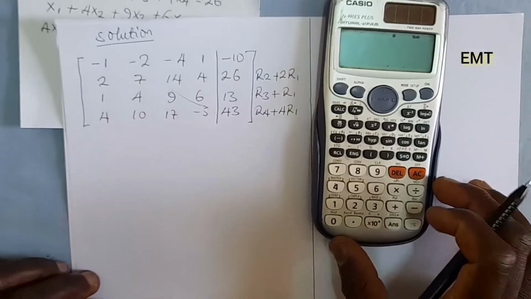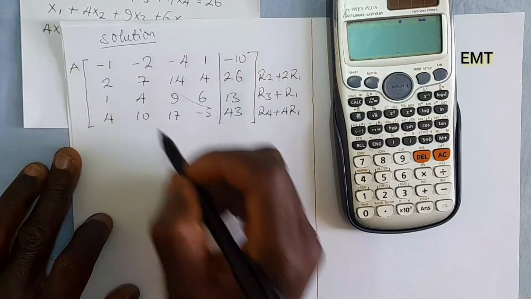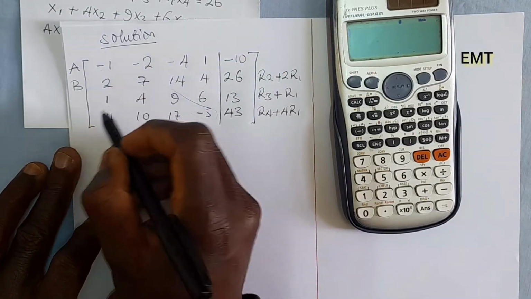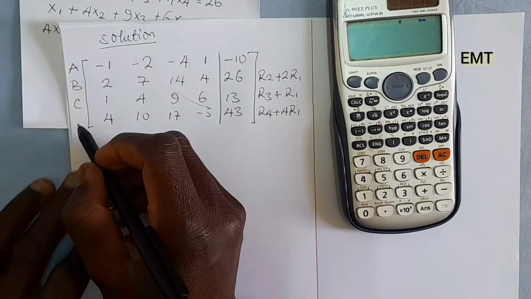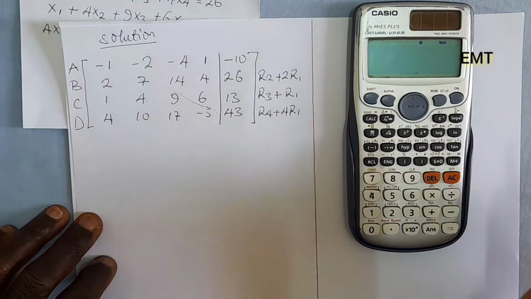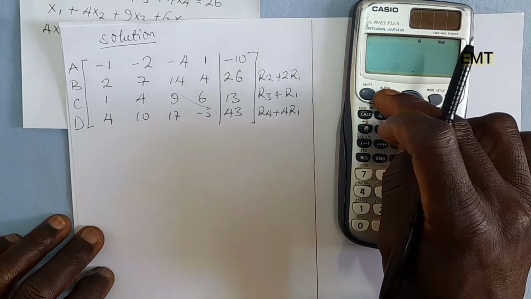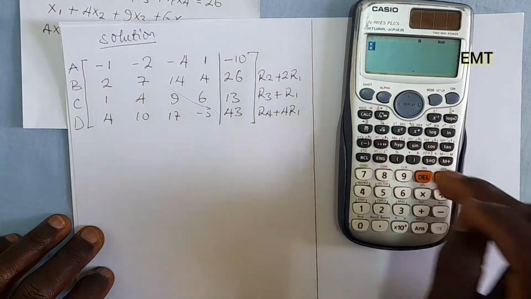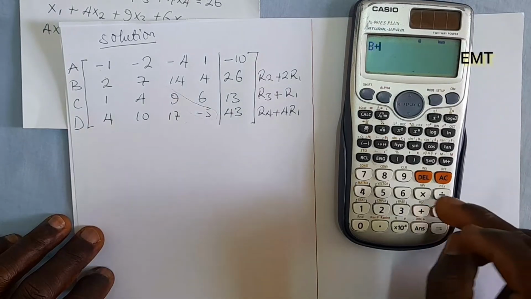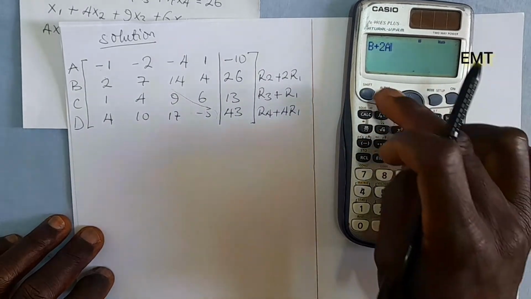And we can input that in our calculator so that it gives us the answers. But let us first of all name our row 1 A, row 2 B, row 3 C, and row 4 D. And that is the name we are going to use for it in the calculator. So we take row 2, we say this B, so alpha B, we plus 2, alpha again A. We are done with it.